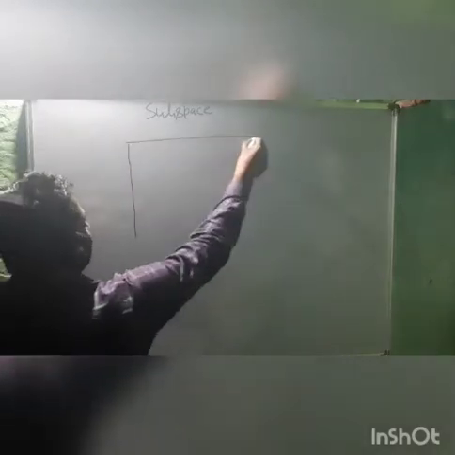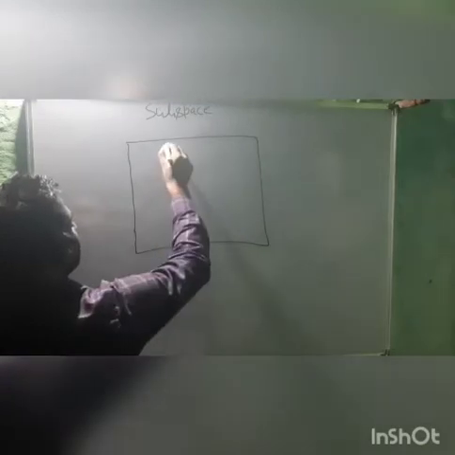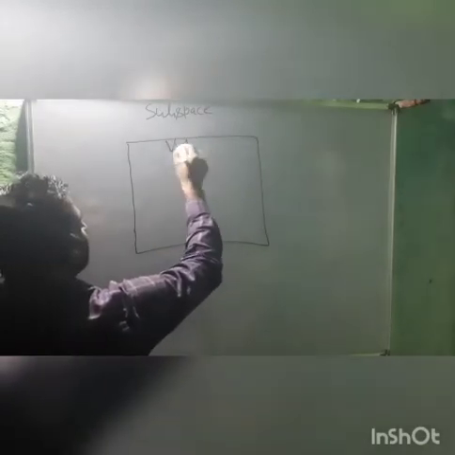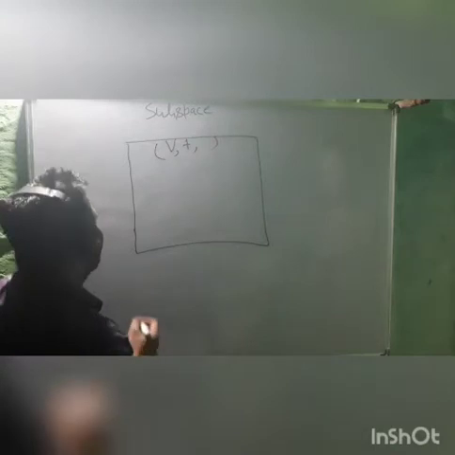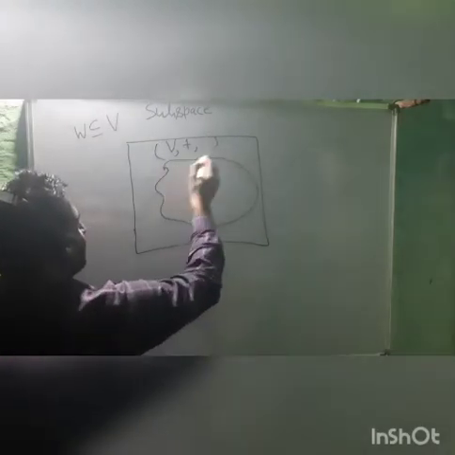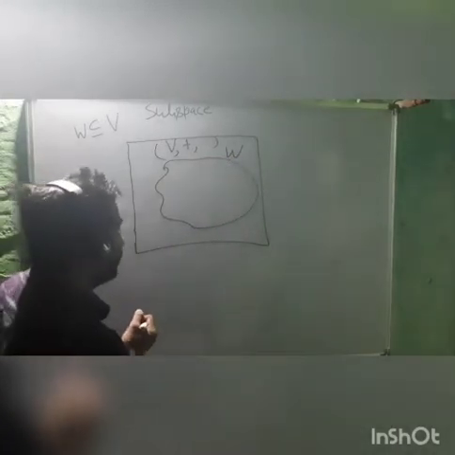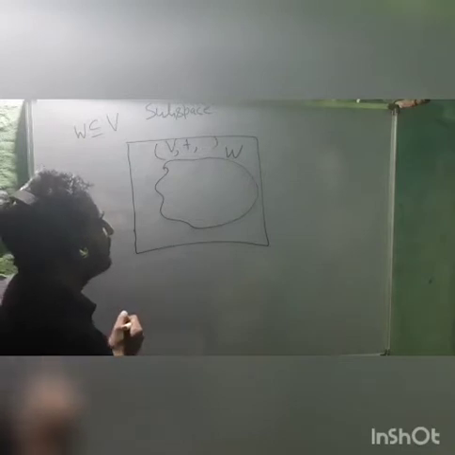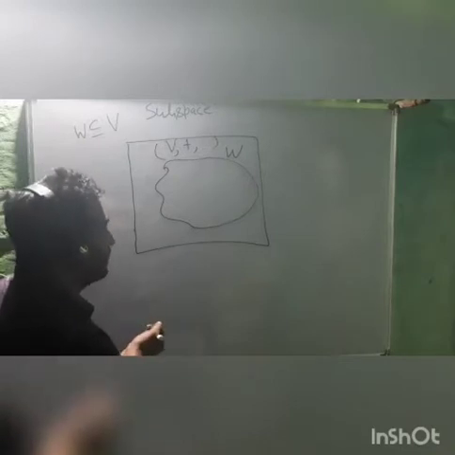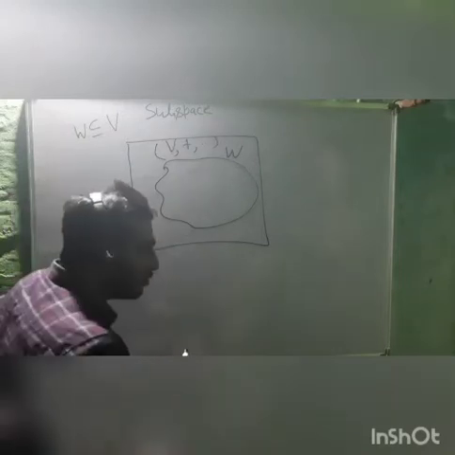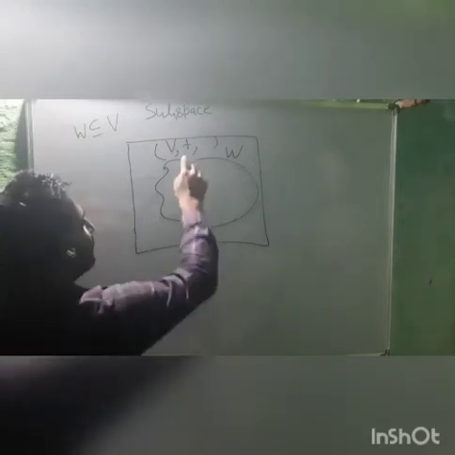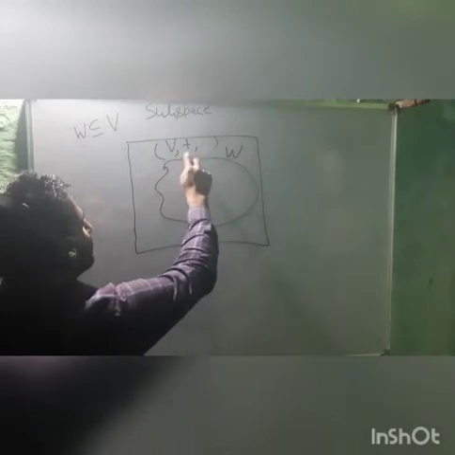So what is a subspace? If we are given V, a vector space, and W is any non-empty subset of V, then W is said to be a subspace of V if W is also a vector space with respect to the same compositions.